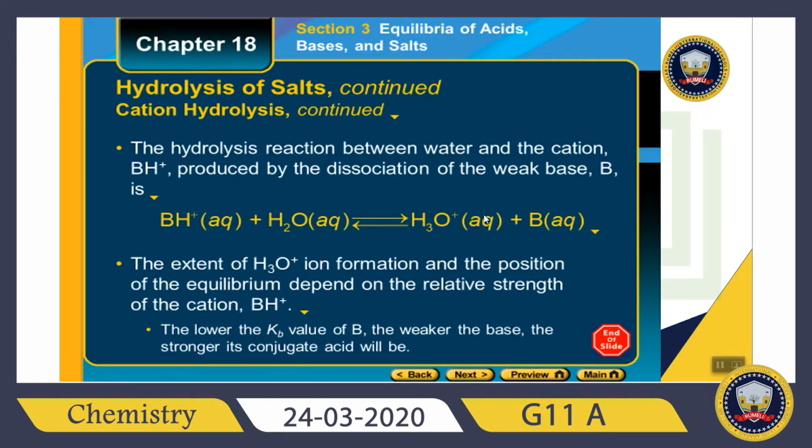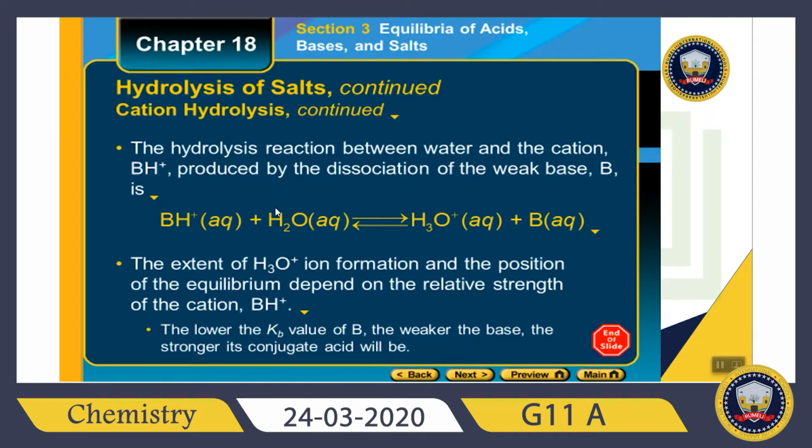Why? Because it contains hydronium ion, and hydronium ion is acid in nature, because it will decrease the pH of the solution. Okay, so here the BH positive will donate hydrogen or proton.